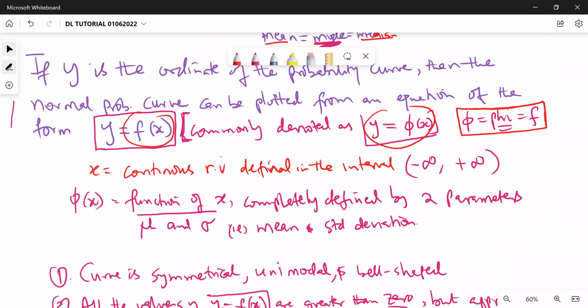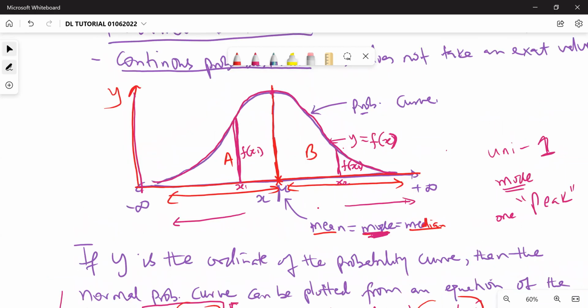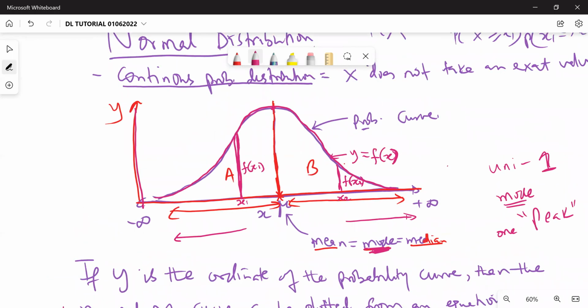As you can see from this curve here, as you move close to minus infinity, and you move close to positive infinity, the curve becomes closer and closer to the x-axis. And as you become closer to the x-axis, remember, these are the values of y.